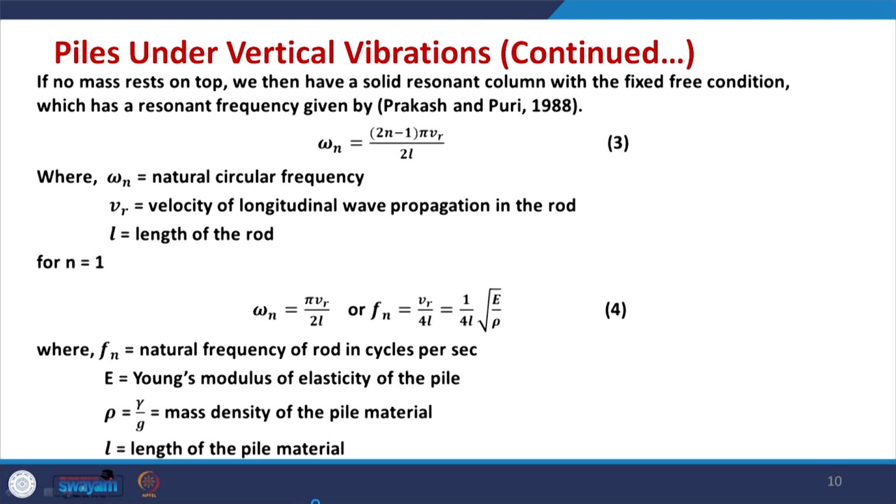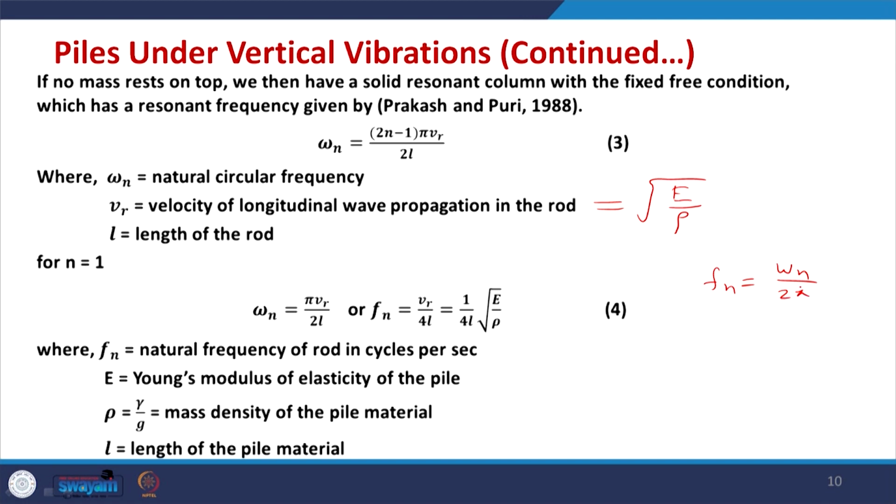V r can be found out as root E by rho, where as you may be aware E is Young's modulus, while rho is mass density. For n equal to 1, equation 3 can be simplified as omega n equals pi V r by 2 L, and as you may be aware, f1 is nothing but omega n divided by 2 pi.